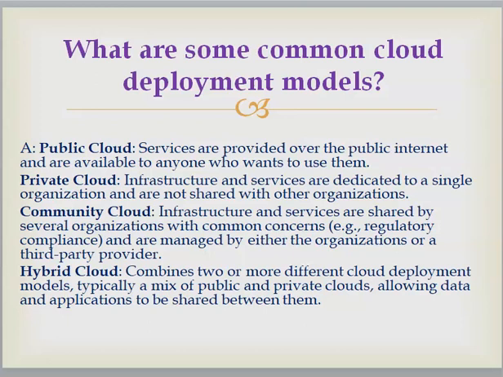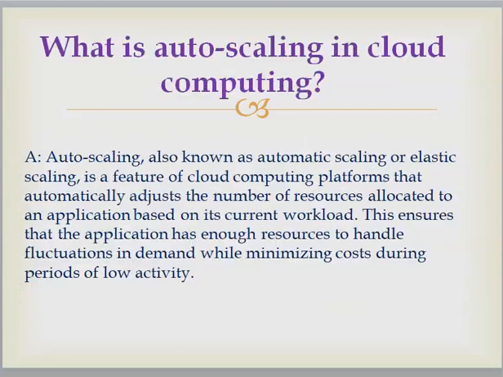Community cloud infrastructure and services are shared by several organizations with common concerns, such as regulatory compliance, and are managed by either the organizations or a third party provider. Hybrid cloud combines two or more different cloud deployment models, typically a mix of public and private clouds, allowing data and applications to be shared between them.